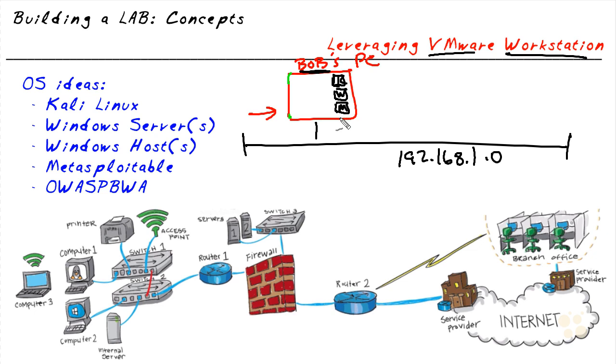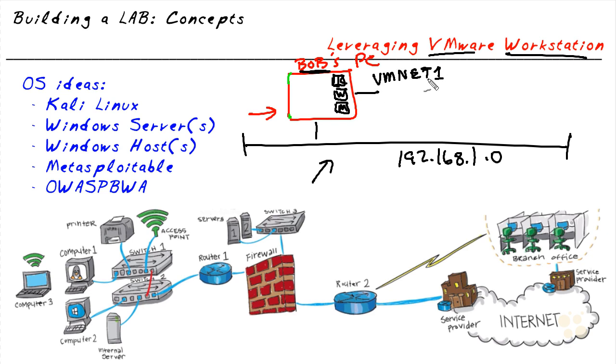Now, here's the trick. If this is Bob's PC and this is a production environment, we really don't, especially without permission, want to allow these virtual machines to have access to this network. So what we could do in VMware Workstation and in other virtualization tools, it's very similar. We could create additional networks. In VMware Workstation, we could create VMnet1.